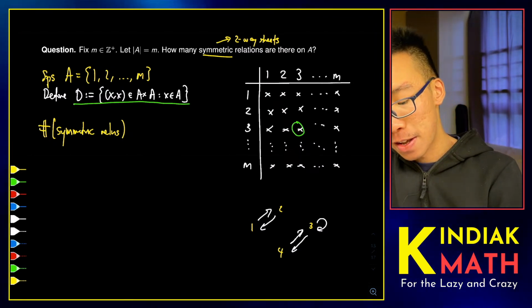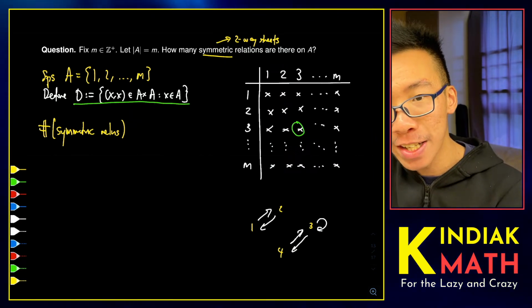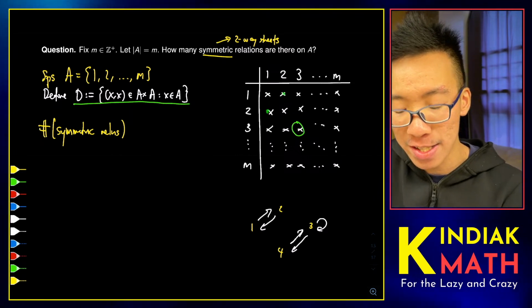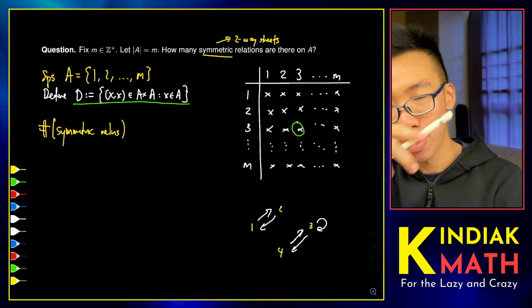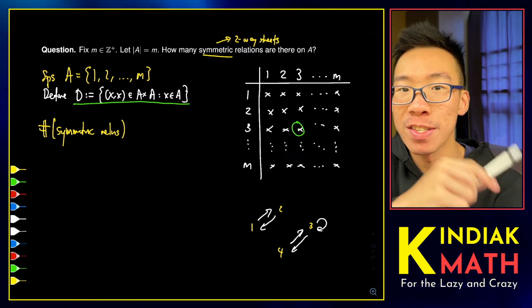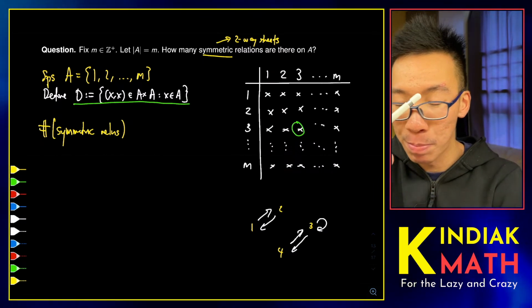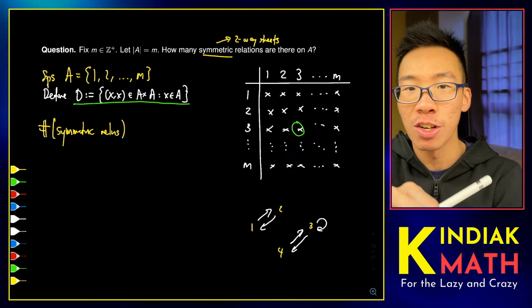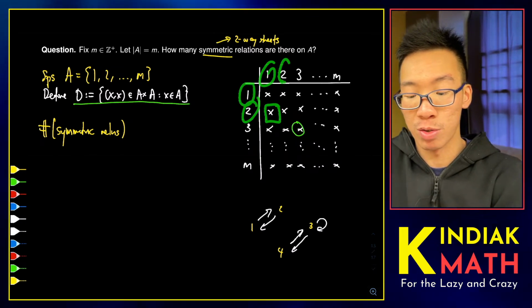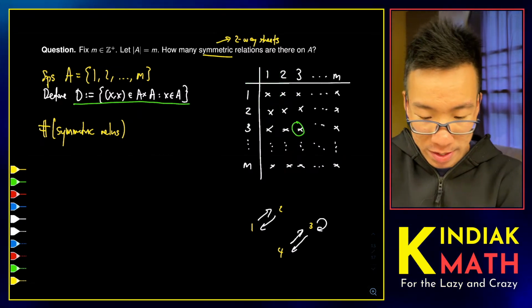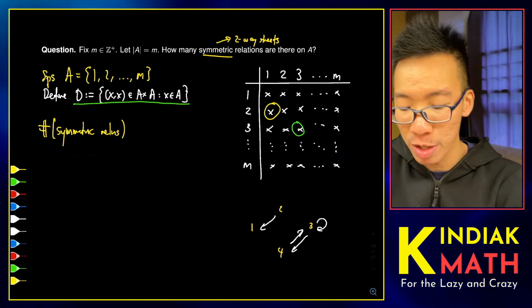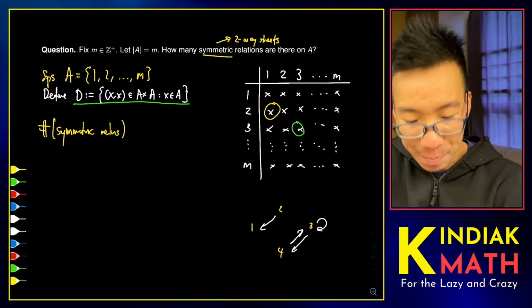As long as we either choose among the diagonals or we choose pairs of off-diagonal items. If it's on the diagonal, we can choose them or not choose them. If it's off the diagonal, we must make our choices in pairs. Either we choose both of them to be in the relation or not. Because we need to go from 2 to 1, and then we need to go from 1 to 2. If you just choose, say, this item here, then this is not symmetric.